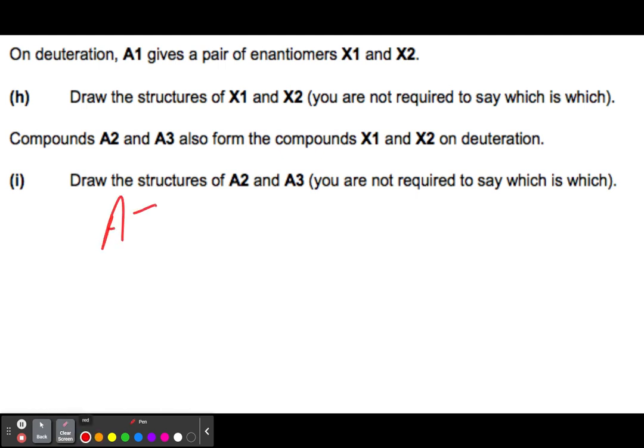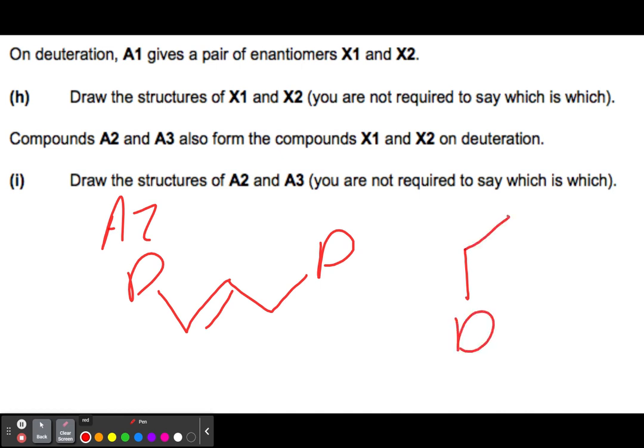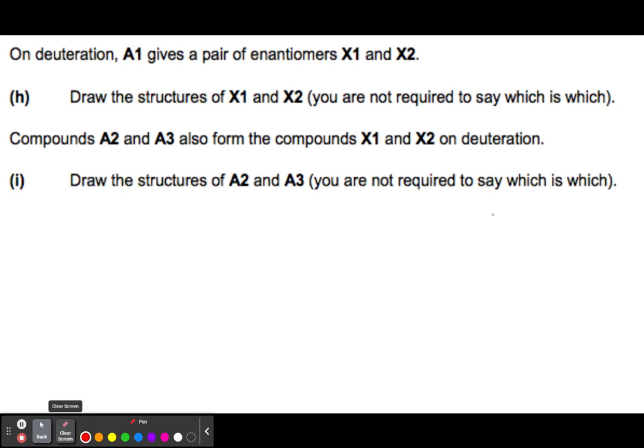A2 is this. A3 is that. So that's the way the mark scheme gives it. But you could draw it in any orientation as long as you have the connectivity right. That's what they say. Right, let's keep going.